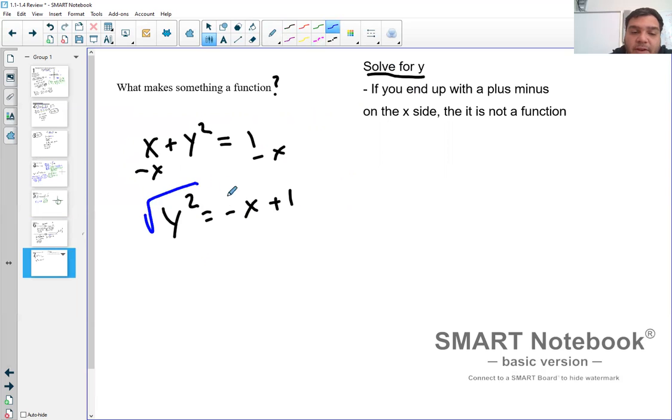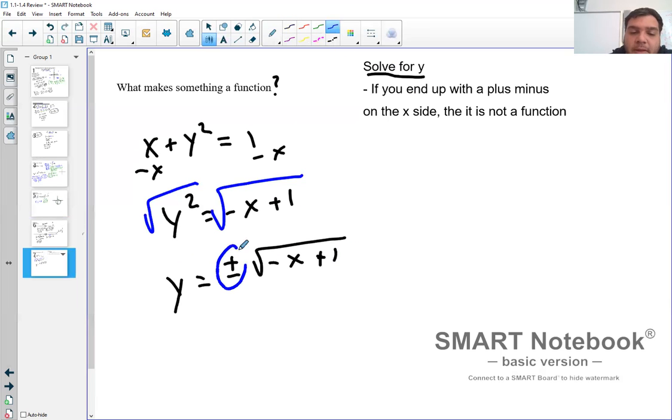Then I have to square root both sides. So when you square root both sides, you've got to remember you're going to do the plus or minus the square root of negative x plus 1. And this plus or minus over here means that is not a function. So if you get a plus or minus, it's not a function.